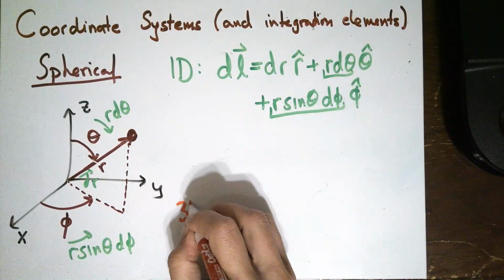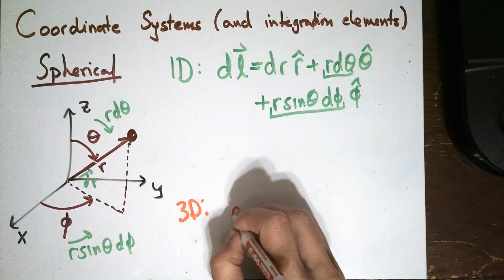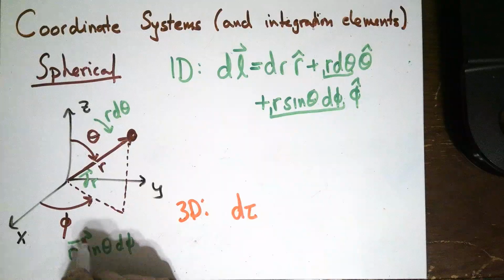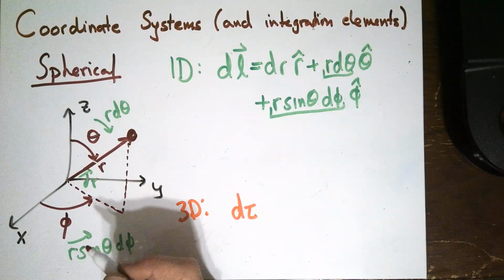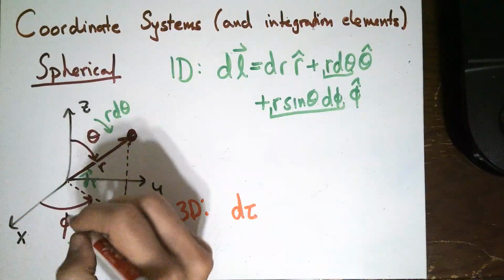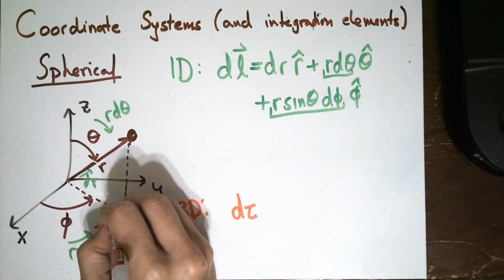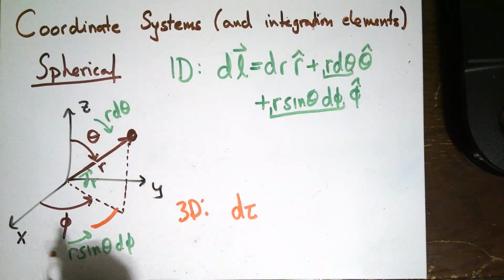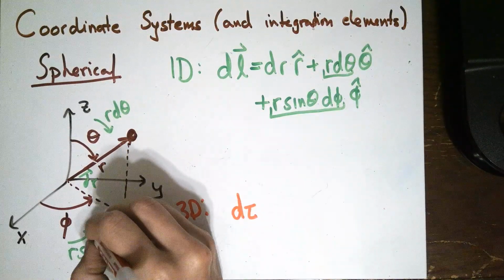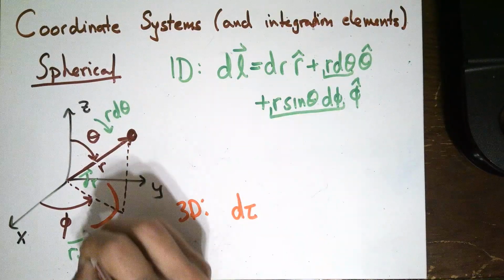Now in 3D, we can do a similar thing that we did in the other two coordinate systems. If we want a volume here, let's see if I could draw it, it would look something like sort of a bit curvy here as it goes with phi, a bit curvy there as it curves with theta.